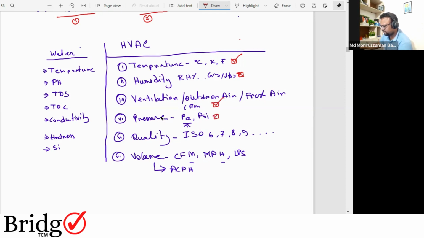Pressure, no. Quality, we will be ensuring that air quality inside the commercial space is better than the street, but we are not going to meet any ISO air class. So this is not relevant here. Volume, obviously, we're going to have some control on.